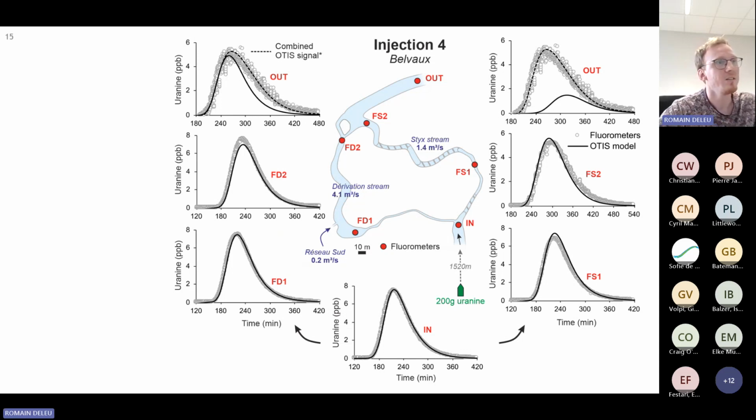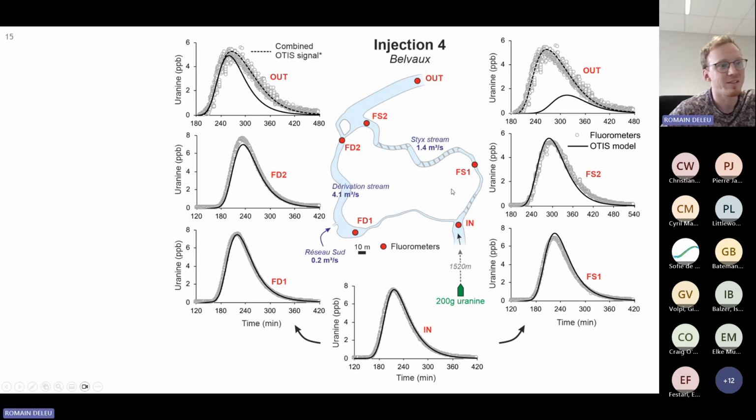The model suggests that this is due to the fact that the peak coming from the stick stream, which is always a bit late compared to the derivation stream, is just masked behind the tail of the first peak coming from the derivation. This is what we see on the top breakthrough curve at the out fluorometer.